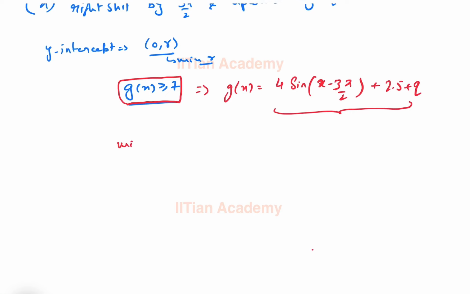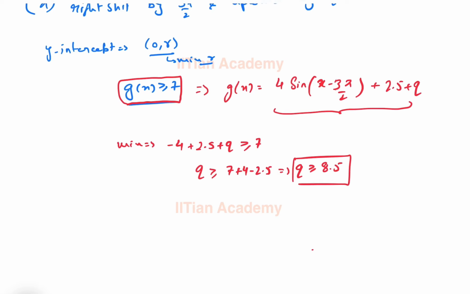The minimum value of sin is -1, so this would be -4 + 2.5 + q. These are constants, and making them greater than or equal to 7, q is greater than or equal to 7 + 4 - 2.5, or q is greater than or equal to 8.5. Now q is always greater than or equal to 8.5.